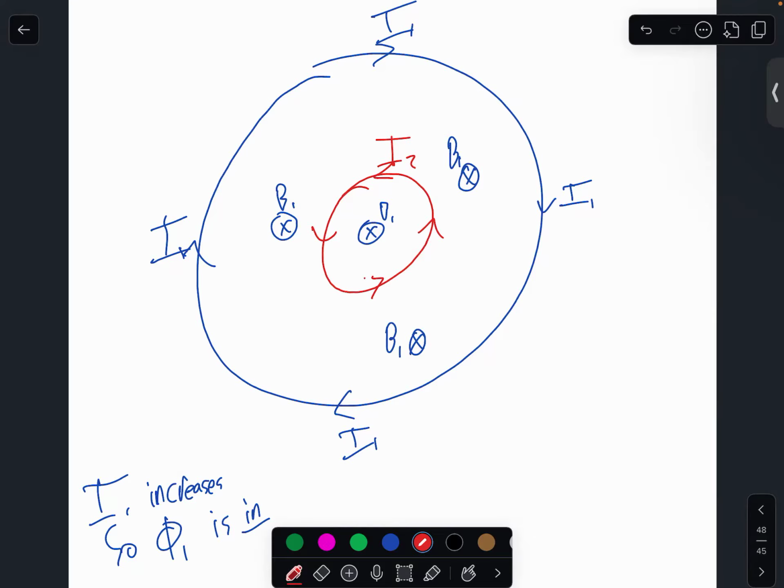Everyone, Google form, wake up. Google question N. I have an inward field which is getting weaker. What do I have to do to oppose that change? What direction do you want your reaction field to be to oppose the weakening infield?